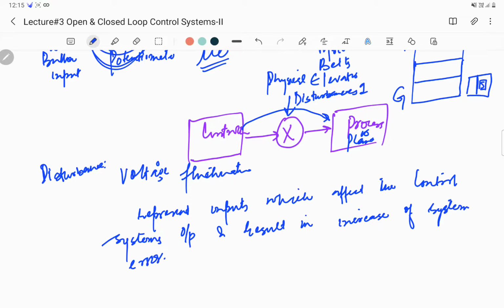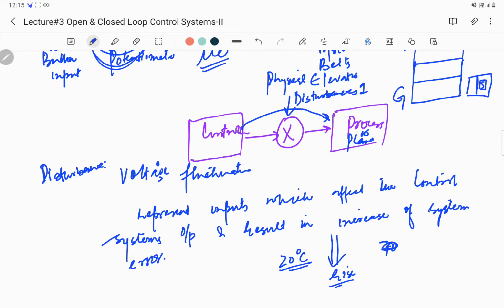Error would be the deviation from the exact value. Say we want to maintain the room temperature at 20 degrees centigrade, but when sunlight enters the room, the temperature may rise.